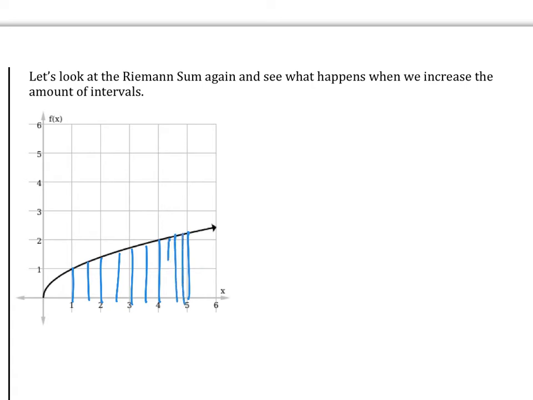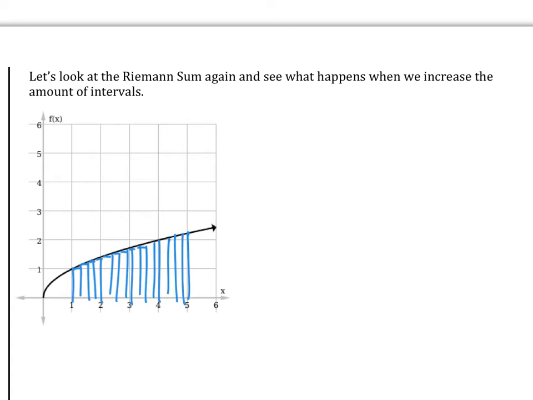Let's say we double that. We double it to 16. And then I draw the left-hand one. Would this be a better estimate? Of course, much better than the 8 or a lot better than the 4 intervals. So what if I increase it infinitely, to so many rectangles that the width is infinitesimally small?